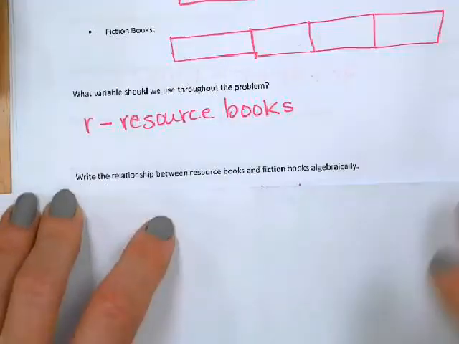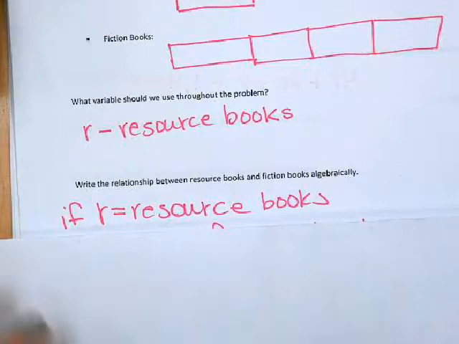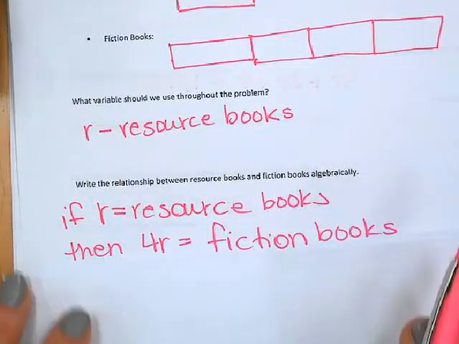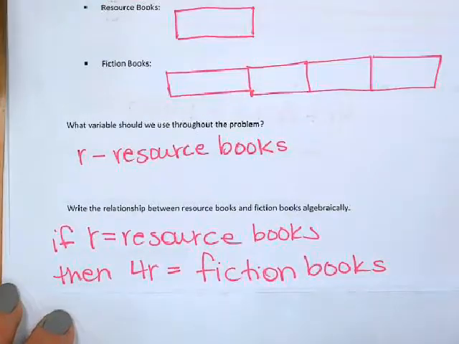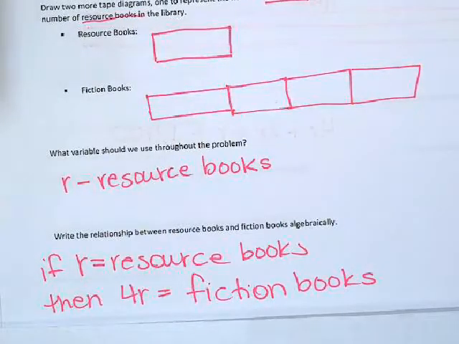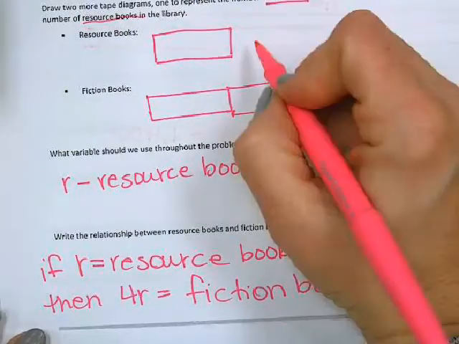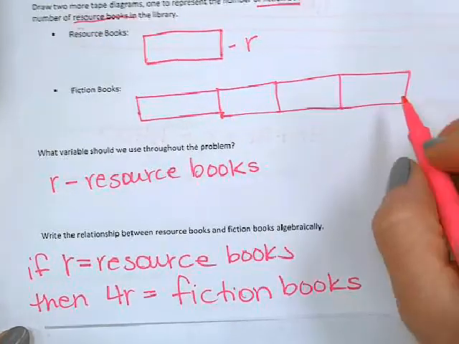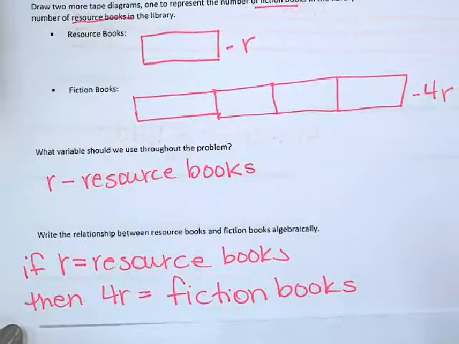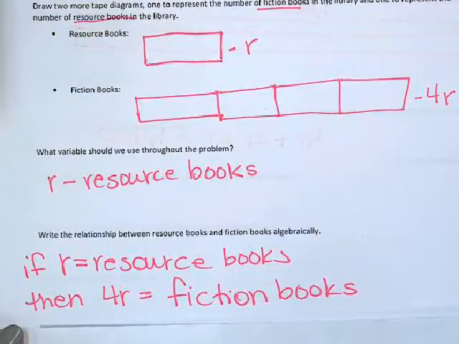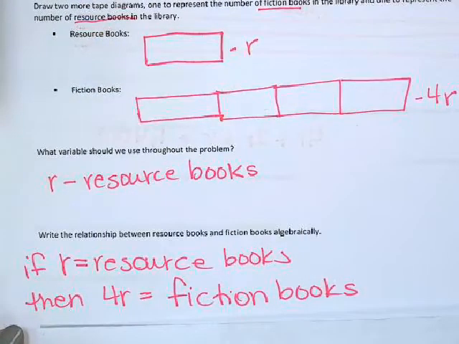Right, 2. So if we show that algebraically, we say, well, if R equals resource books, then 4R is our fiction books, okay? Because R is resource books. And we can come back up here and put an R. And then 4R is going to be our fiction books. That's how we're going to find that. And then next we'll look at how from this we also find our nonfiction books. So let's turn to the next page.